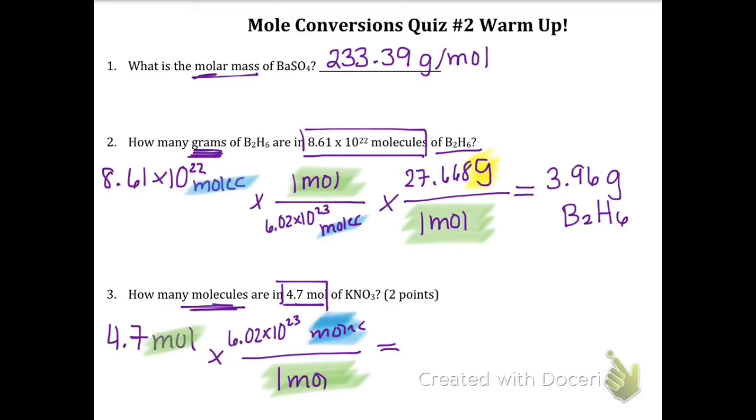We reached our destination, and so you multiply the top, divide by the bottom, and hopefully you get 2.83 times 10 to the 24. What's the unit we ended in? Molecules of KNO3. So we didn't need the periodic table because we didn't have grams anywhere. So the periodic table wasn't necessary.